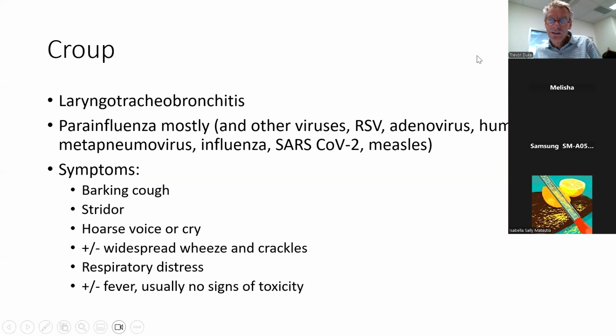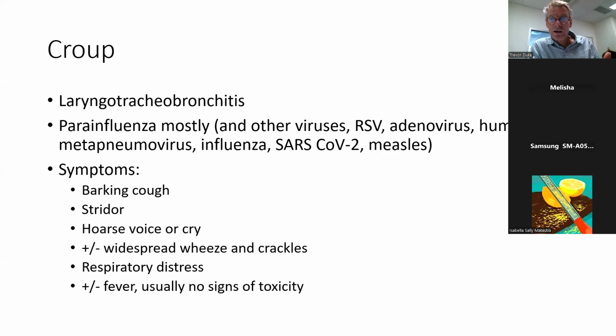Okay, so that's croup, laryngotracheobronchitis, obstruction at the larynx and below. It's an inflammation of the mucosal lining of the larynx and the vocal cords and especially the subglottic trachea and the bronchi.